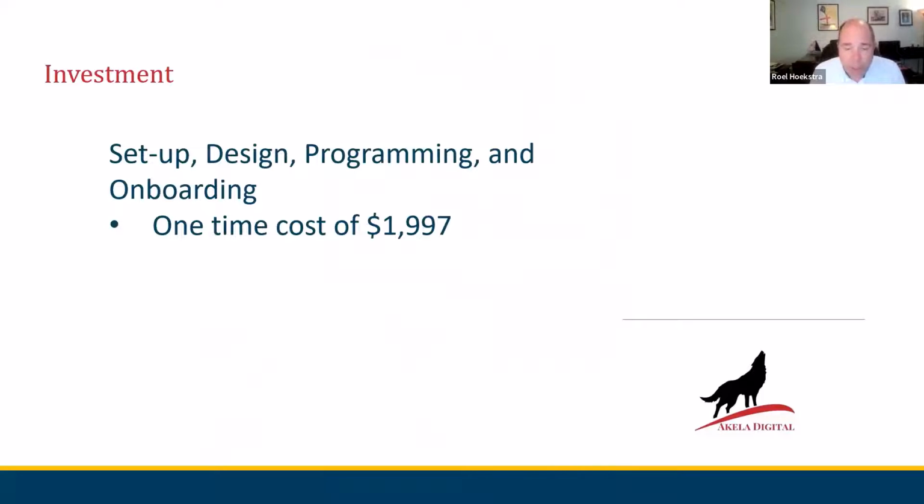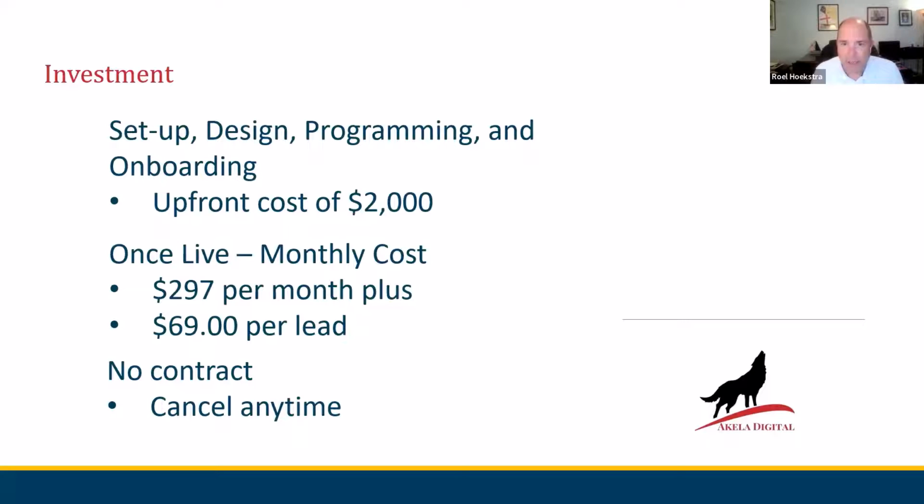So, what does this stuff cost? Well, I'm going to run through it pretty quickly, and then I'm going to show you all these goodies that we talked about in the beginning. So basically, Sam and I build a custom configurator for every client. So each one's going to be a little bit different. And the cost to do the onboarding, so the preliminary setup, design, programming, and onboarding, the initial cost is $2,000 or $1,997.